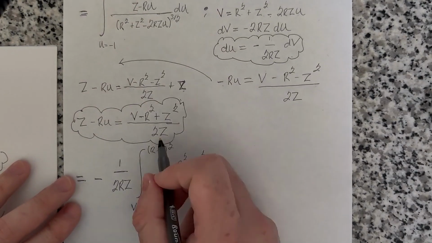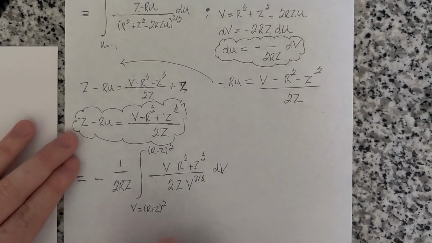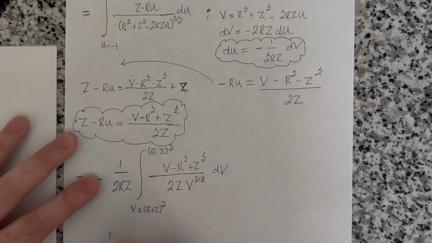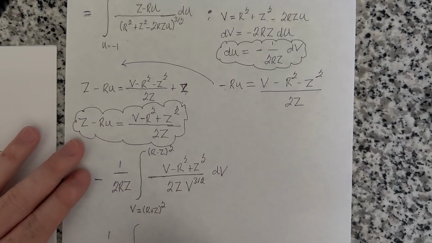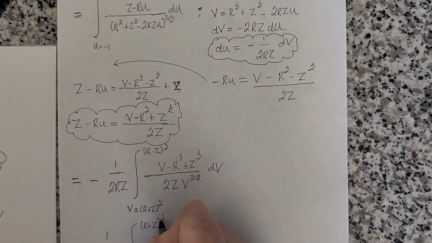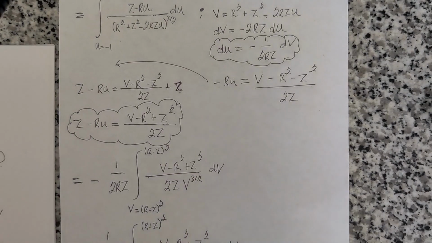And I'm just going to flip the bounds on here, getting rid of this minus sign, so that we have 1 over 2rz times the integral. So we have r minus z squared, and then r plus z squared on top. We have 2z v to the 3/2 power times v minus r squared plus z squared dv.